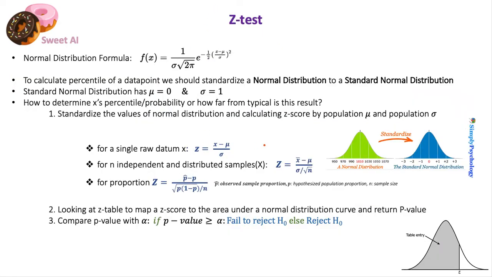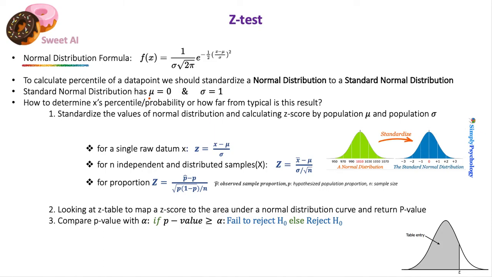And now let's talk about the z-test. What we can do with the z-test is, as I said, we are going to have a normal distribution for parametric testing. And the normal distribution formula is this. To calculate a percentile for a data point, we should standardize the normal distribution to the standard normal distribution. What is a standard normal distribution?